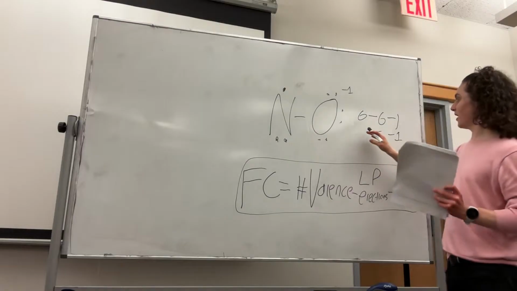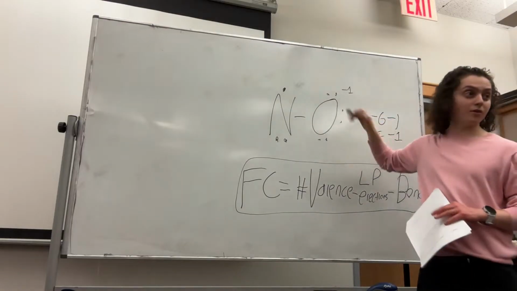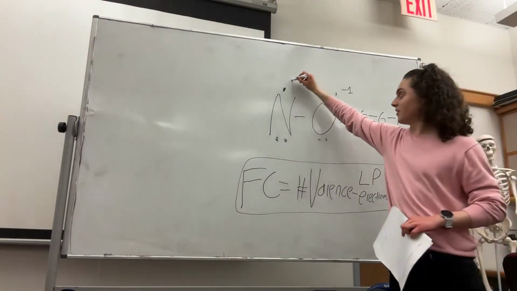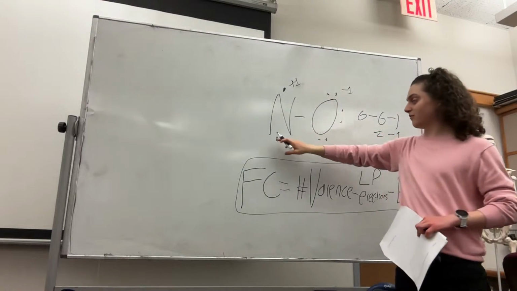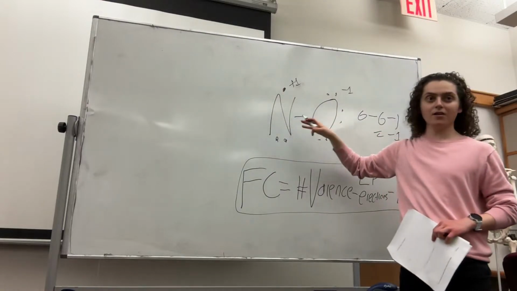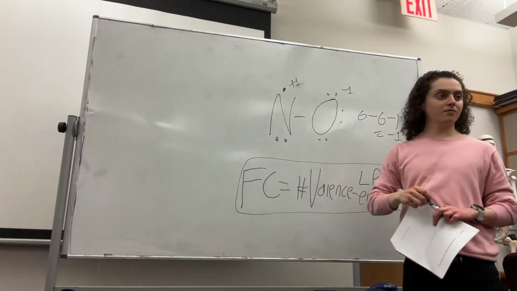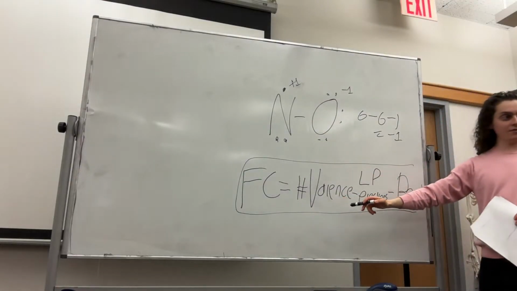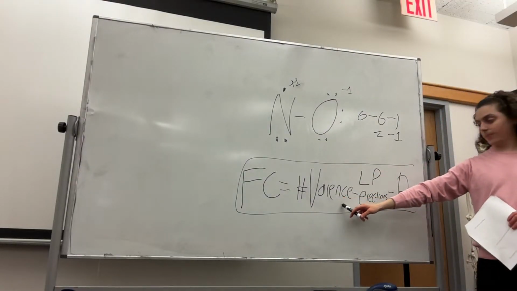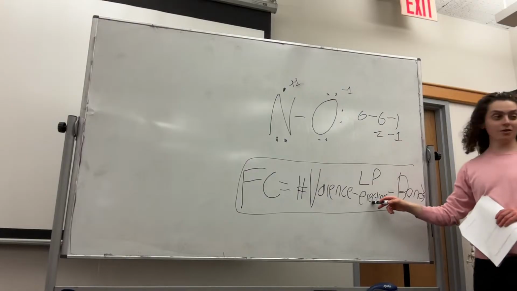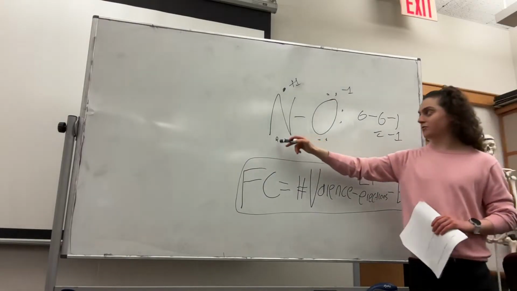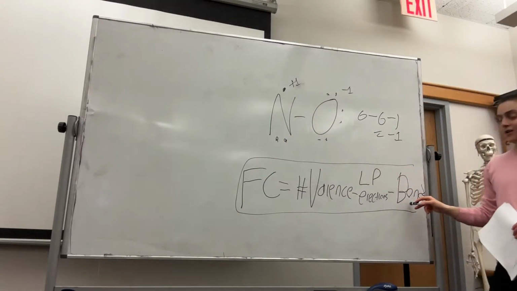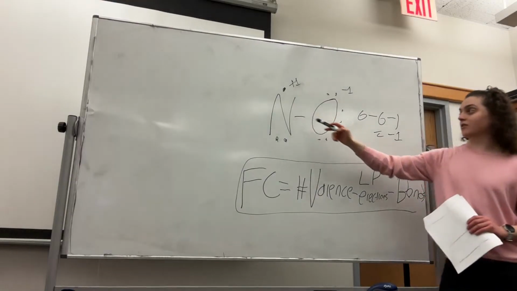Okay, so I had a -1 here, a +1 here, because that's 5 minus 1, 2, 3, 4. Yeah, we'll check out this nitrogen. Nitrogen has 5 valence electrons, minus 3 lone pair electrons that are here, so 1, 2, 3, minus number of bonds, which is 1.